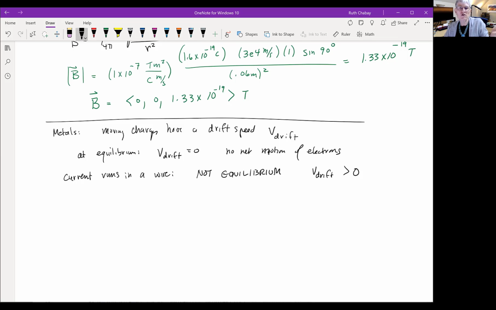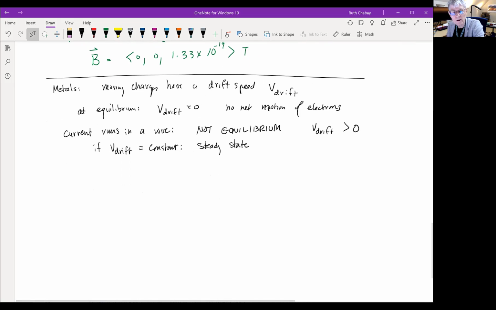And if the drift speed isn't changing, we call that a steady state. And we have seen that we can make currents run in circuits by hooking them up to a battery, and we could tell a current was running. We did that because we saw light bulbs light, right?